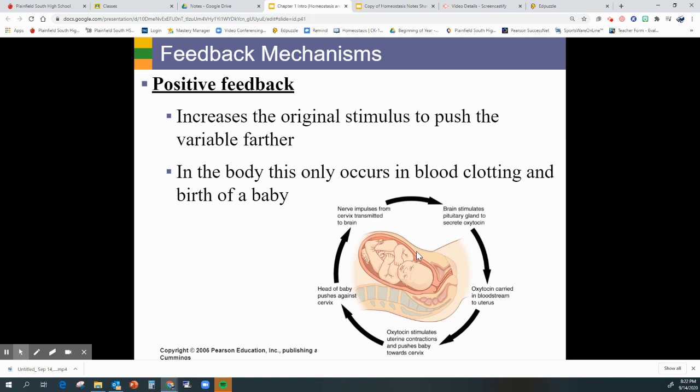Once childbirth has started, as long as we're far enough along in the pregnancy, we want that process to continue, not stop. The reason for that is because the baby actually releases a hormone when it no longer can get enough nutrients from the mother. It's reached a point in development where it can survive on its own.